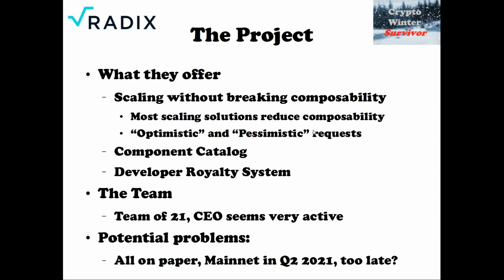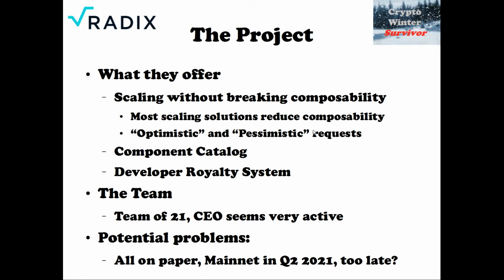Radix is a DeFi protocol and you can kind of see it as Ethereum but just for DeFi, and they solve a lot of the issues Ethereum is having, or at least they want to solve a lot of the issues. They want to scale without breaking composability, which basically means the way that you can make one transaction while using multiple smart contracts, multiple dApps or platforms, for example.